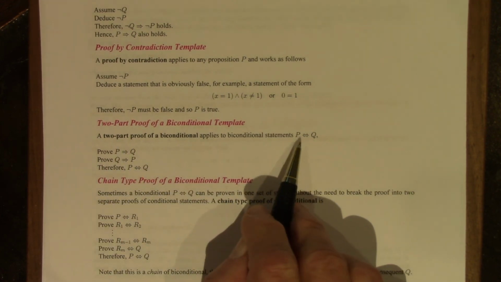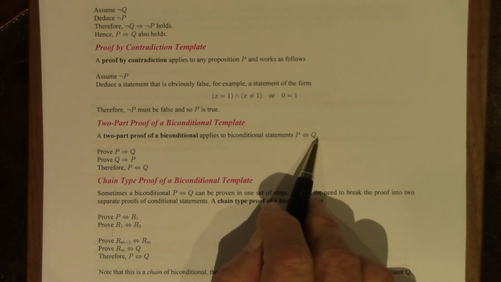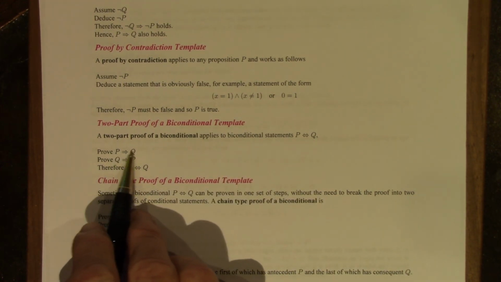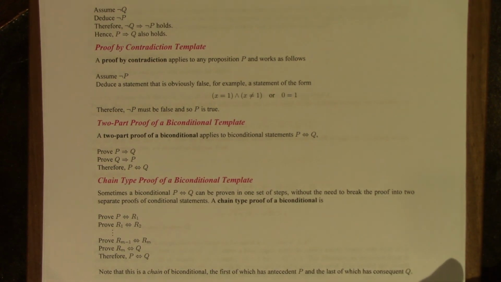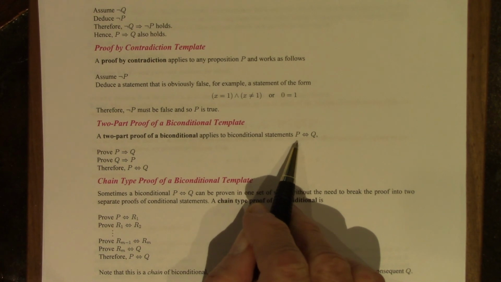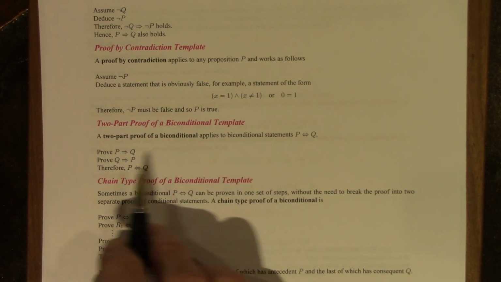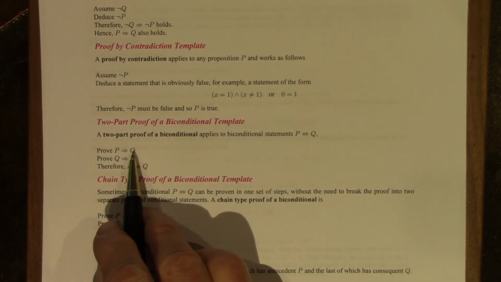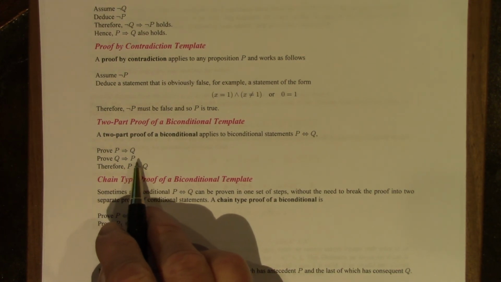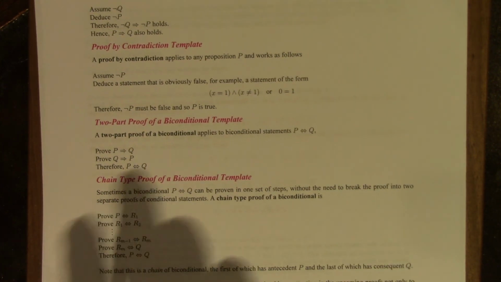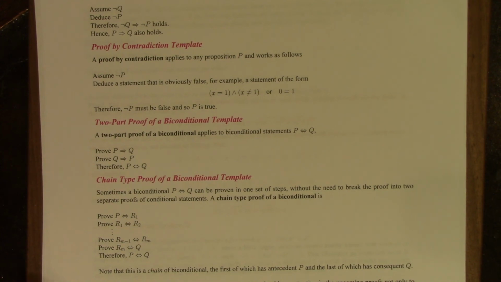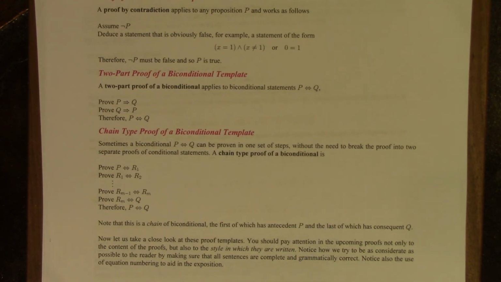But what that is: the biconditional is logically equivalent to the conjunction of P implies Q and Q implies P, a statement and its converse. So to prove this biconditional, you can prove P implies Q and Q implies P, and that will give you the proof. And that is generally the most common way to prove a biconditional.